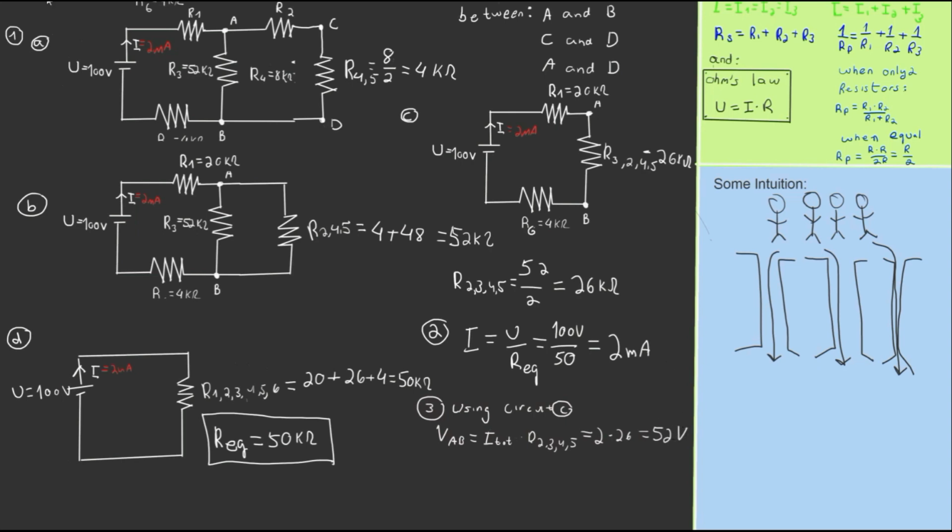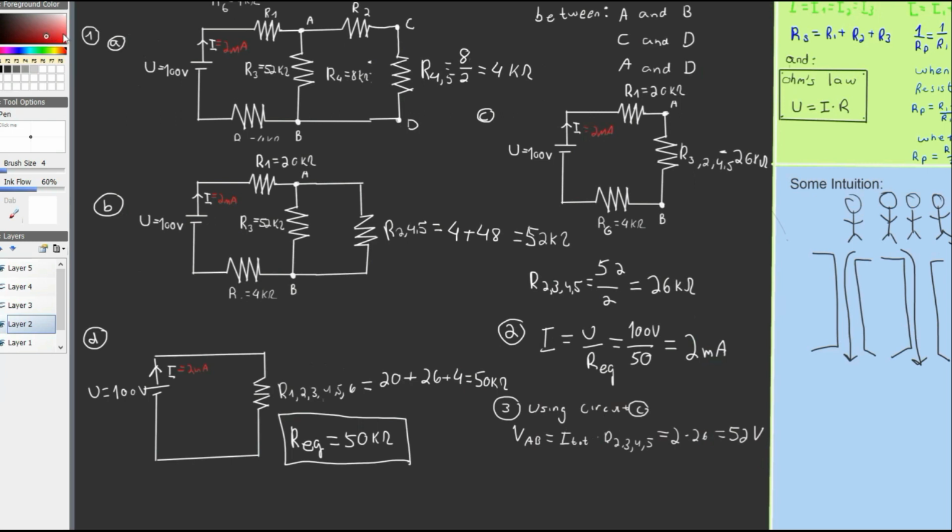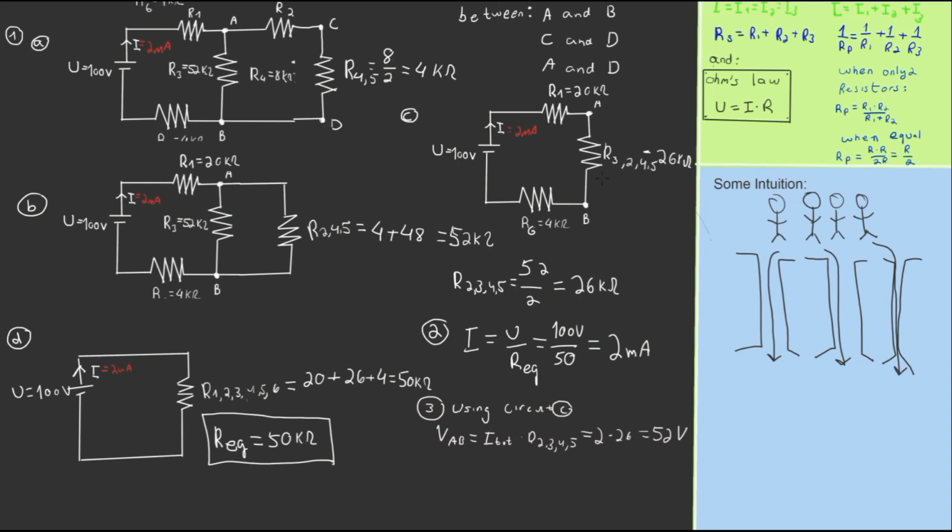And again, I'll deploy this data throughout the circuits. We found that this equals 52 volts, and we have A and B also here. That's 52 volts.